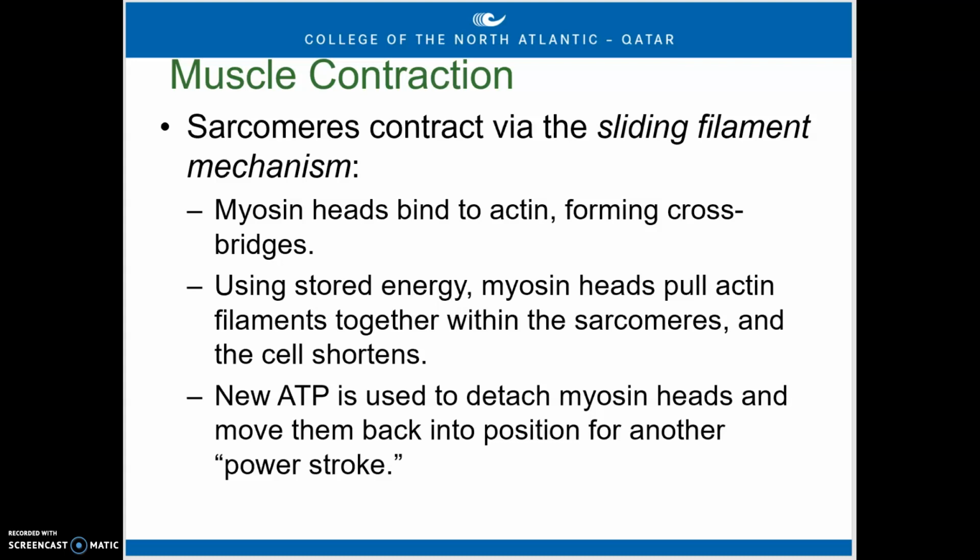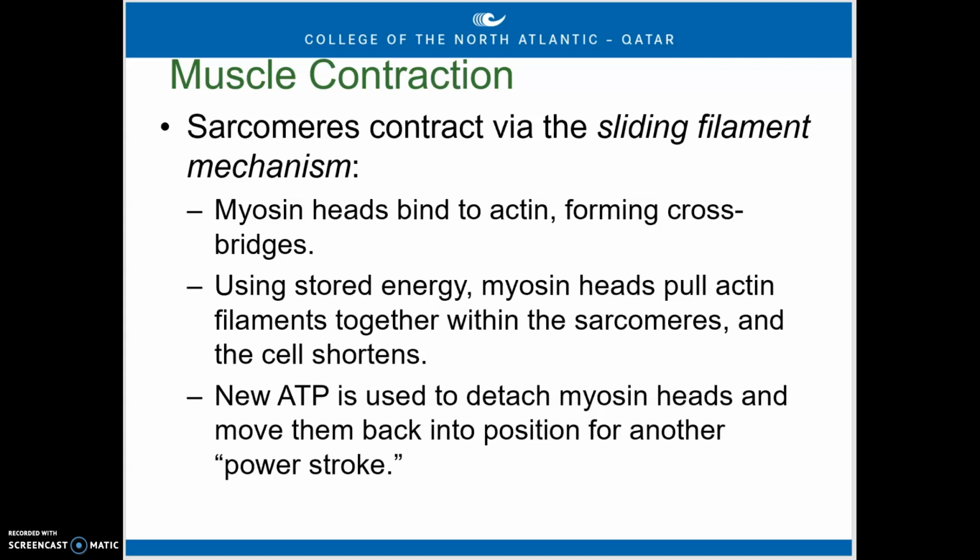And now the sarcomeres are going to contract via the sliding filament mechanism. Think about when you fold your hands together and your fingers slide over each other. The way this works is myosin have these extensions that come off the protein, and these myosin heads will attach to actin and form cross bridges.